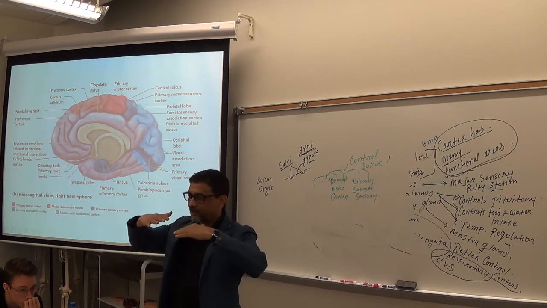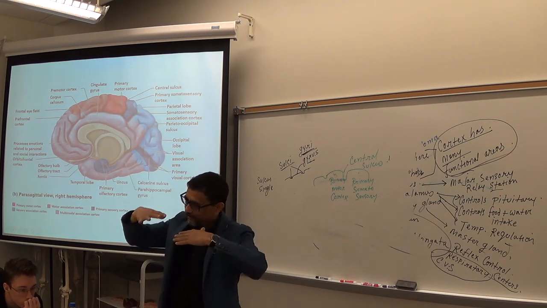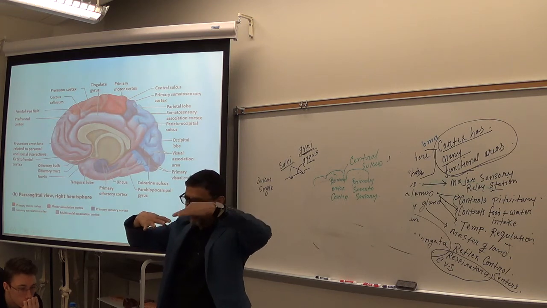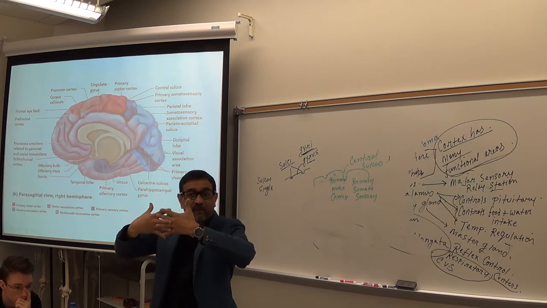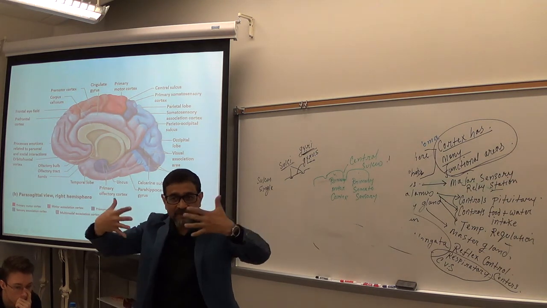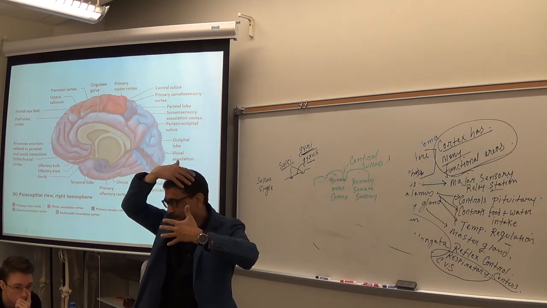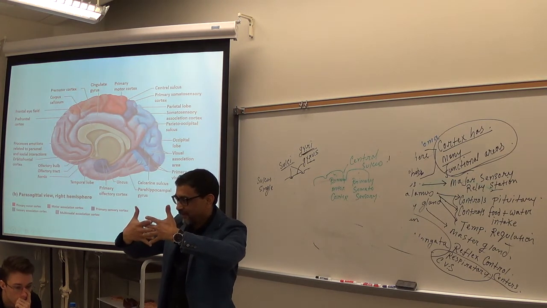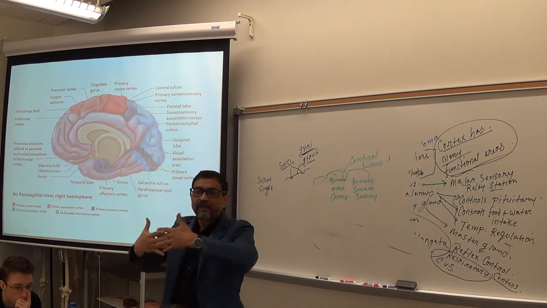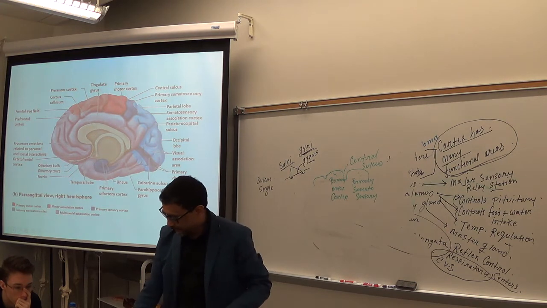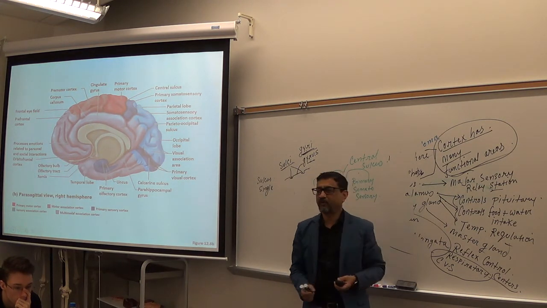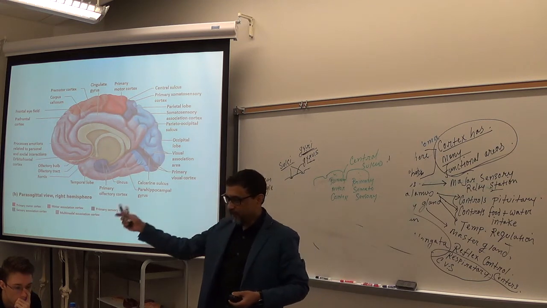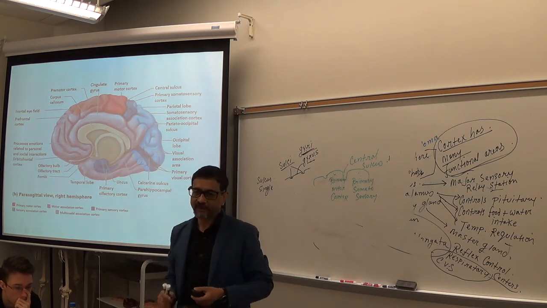So through the corpus callosum, from this side the fibers are going like this to the other side, and from this side the fibers are going like this. Make sense? So inside the corpus callosum you have fibers going from one side to the other. That's the function of the corpus callosum.